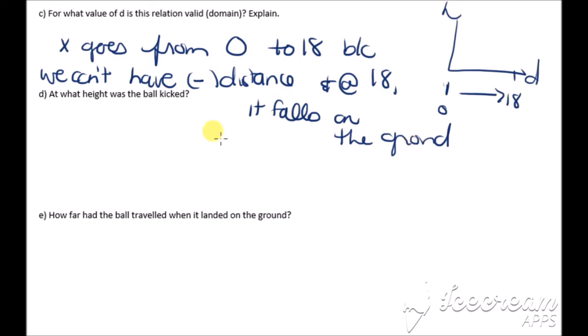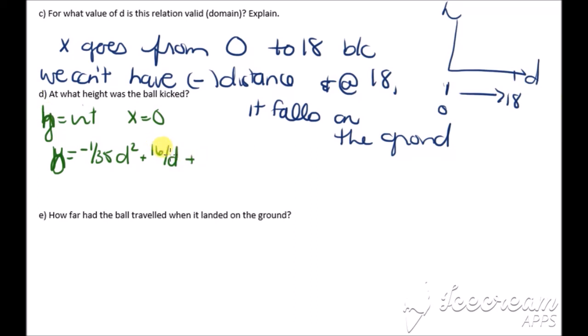Okay, at what height was the ball kicked? So when it's asking this question, what it's actually asking for is the y-intercept. So that's when x equals 0. If we went back to the equation, we would see that the equation is negative 1 over 35 d squared plus 16 over 35 d plus 36 over 35.